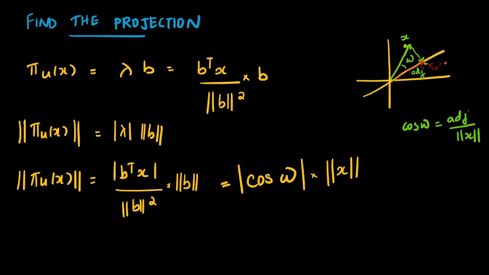So the adjacent side is the length of pi u of x. So what is pi u of x? That is equal to cos omega times the length of x. That's what we have written here.